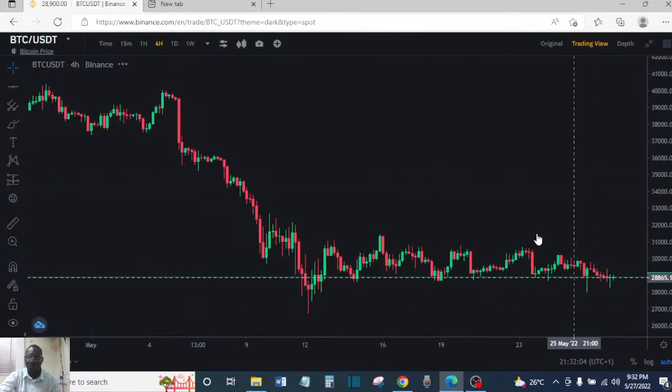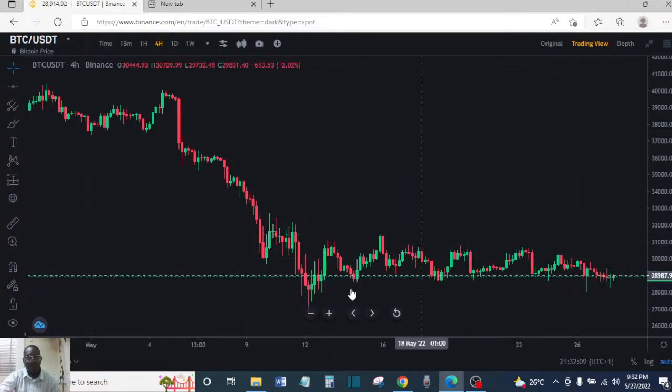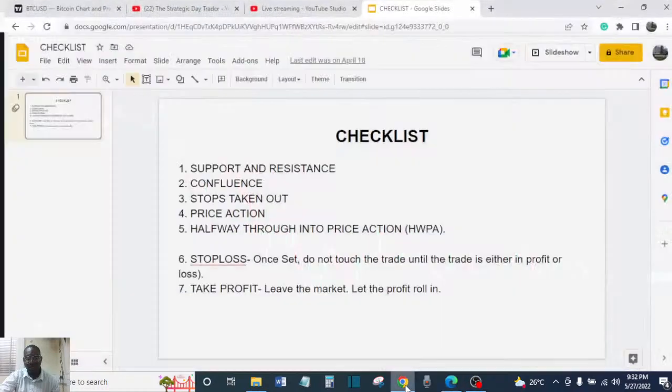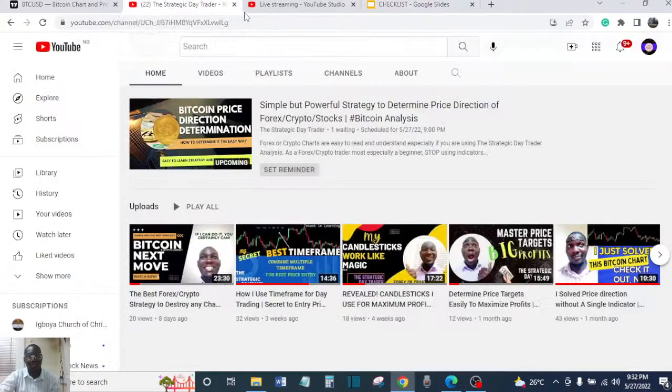Now, based on the strategic day trader analysis, one very important thing is that you need to set your stop loss and your take profit. It is very important that you set those points.